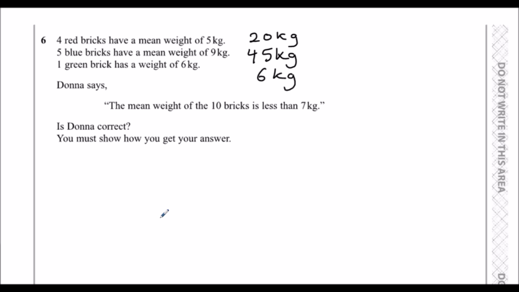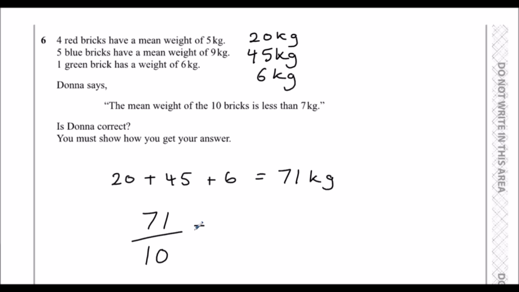So the total weight is 20 plus 45 plus 6. 65 and 6 is 71 kilograms. That's the total weight. The mean is going to be 71 divided by how many, which is 10. 71 over 10 is 7.1. So the mean weight is 7.1 kilograms.